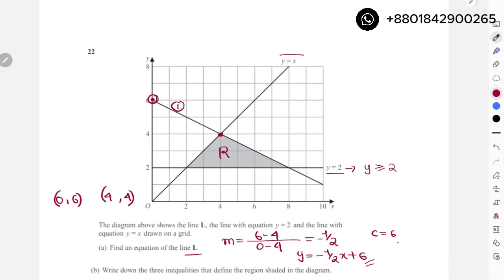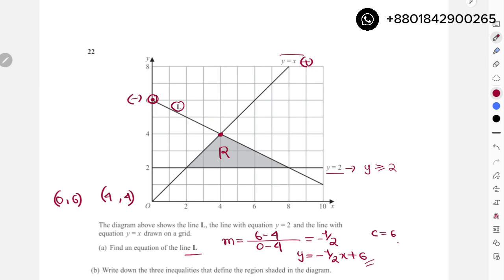Wait, one minute, this is an inclined line, right? This is also an inclined line, right? In both situations, the region is below the two inclined lines. But you have to understand this is a positive inclined line and this is a negative inclined line.